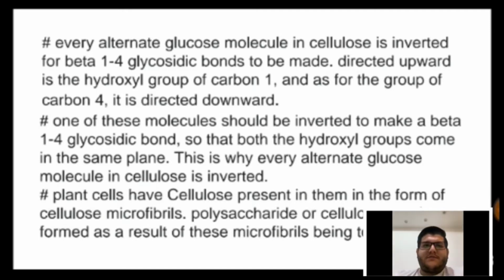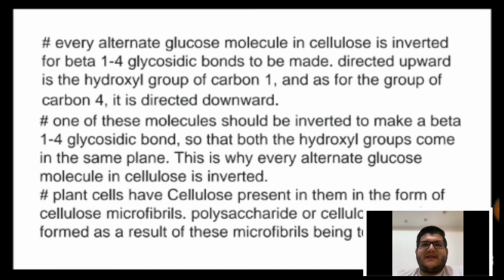One of these molecules should be inverted to make a beta 1-4 glycosidic bond, so that both the hydroxyl groups come in the same plane. This is why every alternate glucose molecule in cellulose is inverted.